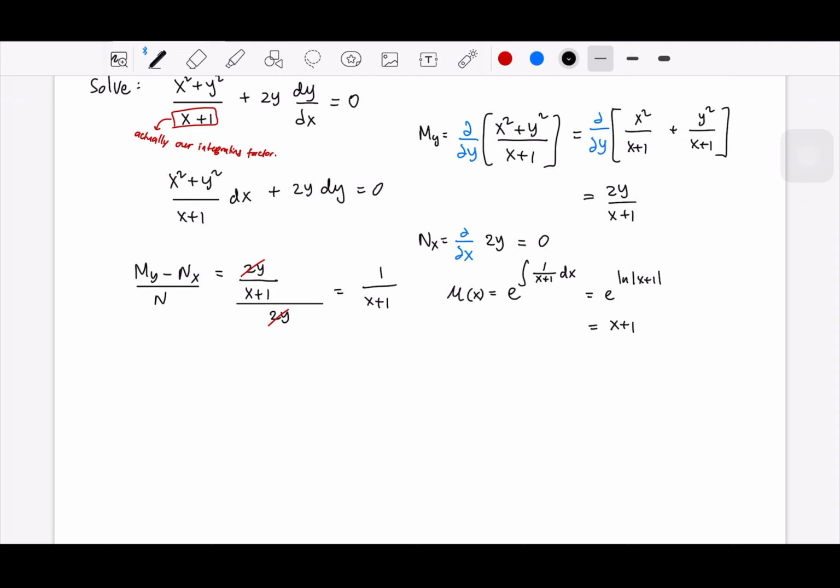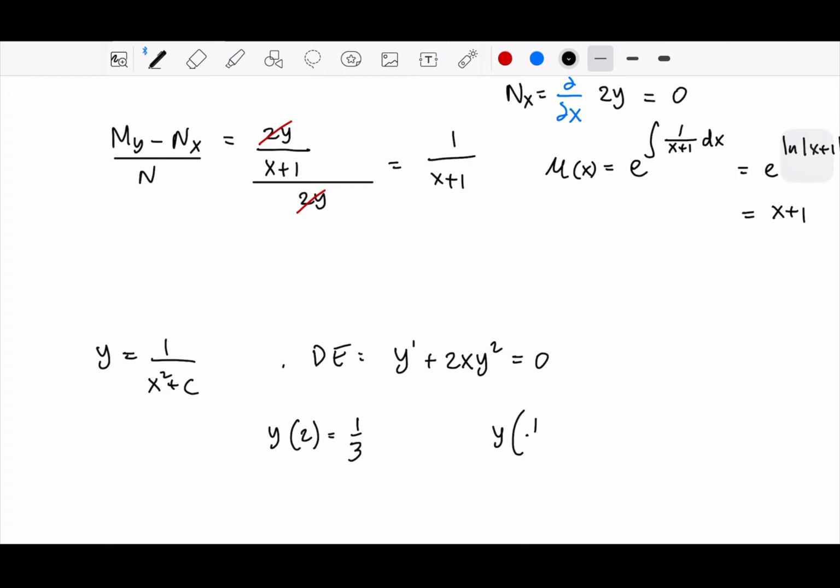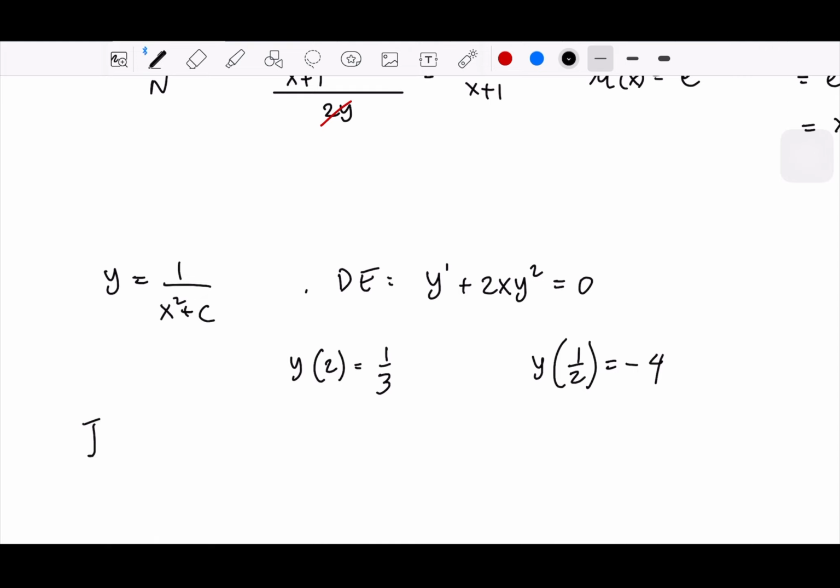If you remember, in the second question you have this c, and you have the differential equation like this, and then you need to find the solution with some initial value, right? And then you also need to determine the interval, right?